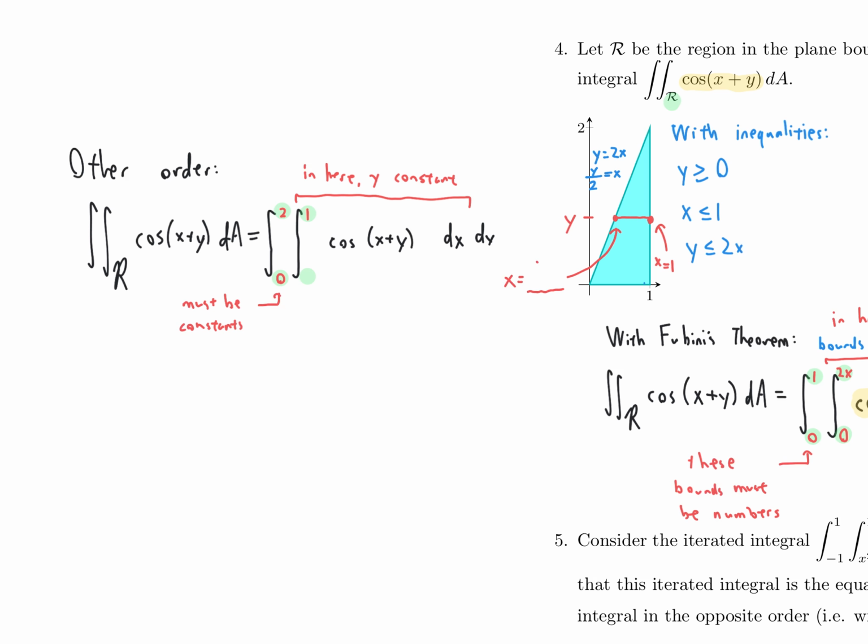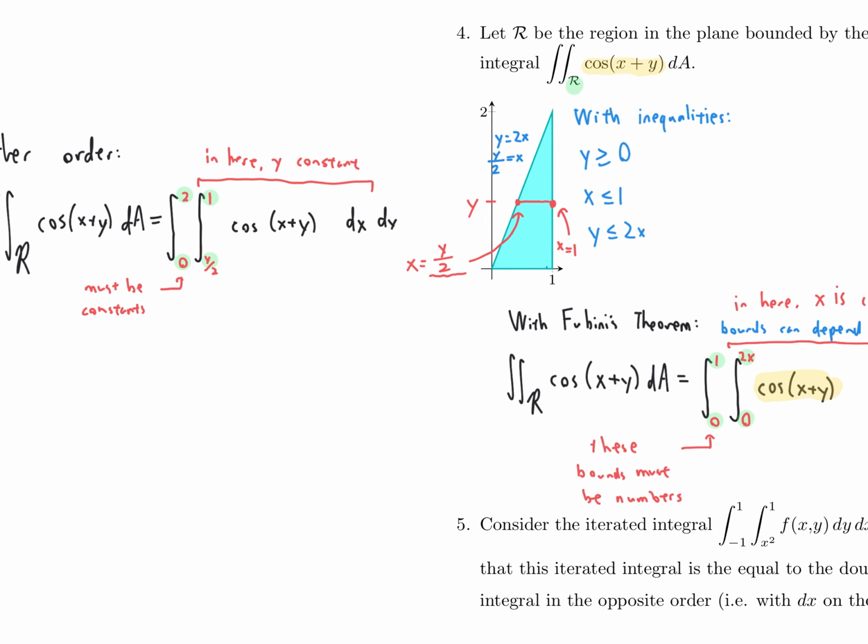So that lower limit of integration really would just be x equals y over 2, and so I'll write it in that way in my iterated integral. So now if you wanted to, you could go ahead and solve this iterated integral, and you should get the same answer as what we got doing it in the other order.